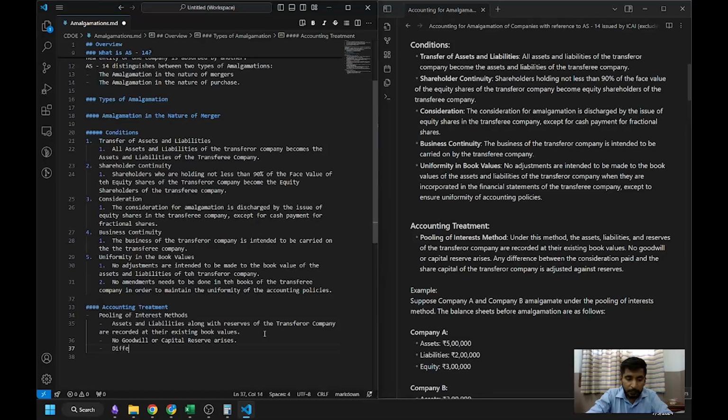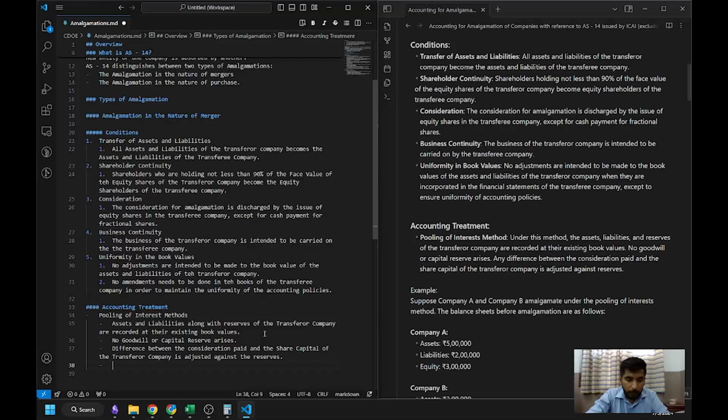Any difference between the consideration paid and the share capital of the transferor company is adjusted against the reserves.